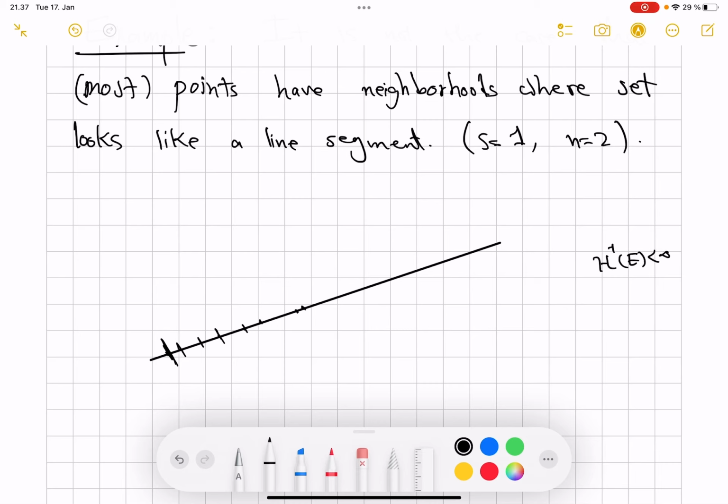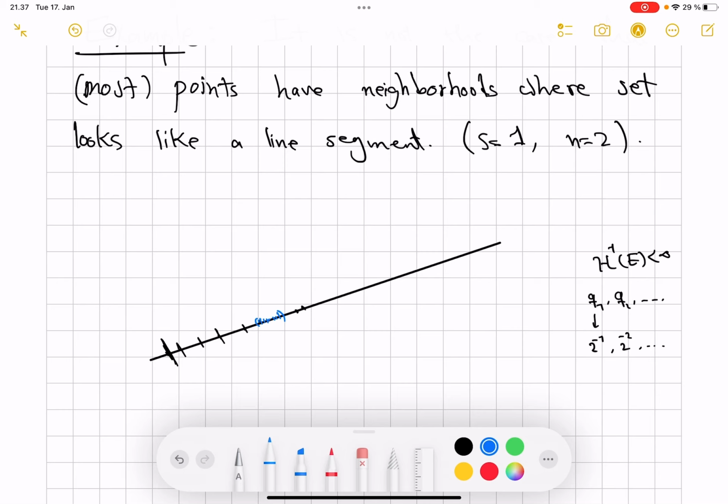So for example, if you enumerate the rationals q1, q2, and so on, you can have a line segment of length 2 to the negative 1 assigned to that one, 2 to the negative 2 there, and so on, which again, if you sum them up, still you have finite length. Therefore, if you pick any point along this, no matter how small a delta you take, you will never see a line segment, because there will always be tentacles.